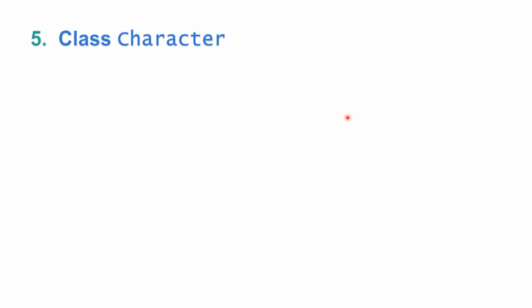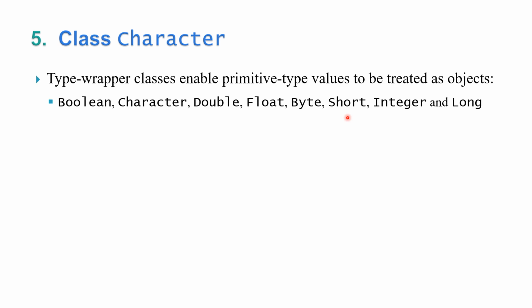We have learned a lot of string methods for processing strings, but since strings are made up of characters, we will learn class Character, which is a predefined class for processing characters, and therefore is also useful for processing strings. Class Character is one of the 8 type wrapper classes in Java.